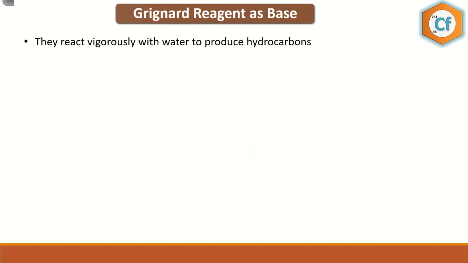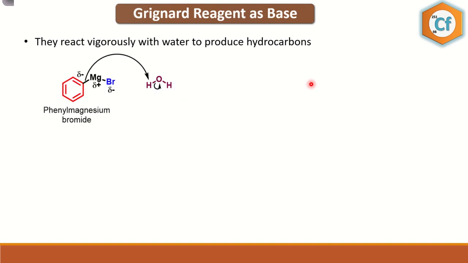So first of all, Grignard reagent acts as a base, and this can be verified by a few reactions. First of all, it can react vigorously with water to produce hydrocarbons. So if you treat any Grignard reagent with water, it will produce an alkane. So here is an example. I have taken phenyl magnesium bromide. So this carbon attacks onto the proton, so obviously it is attacking on H+.